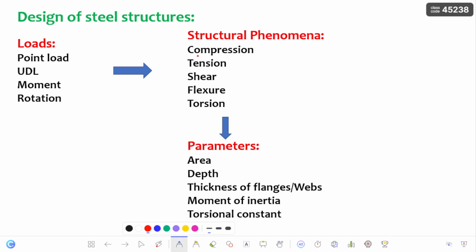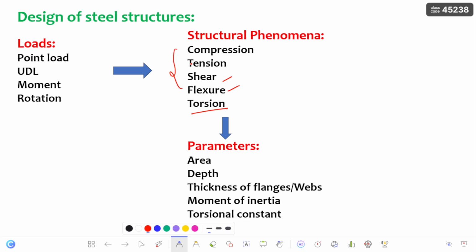For example, in your structure, a particular structural element is undergoing more shear and also flexure. In that case, you can prefer I section. And another structural element is having high torsion, but the other things, that may be shear, flexure, tension, all these things are very minor. In that case, you can prefer hollow sections. In this way, each and every section has particular importance.